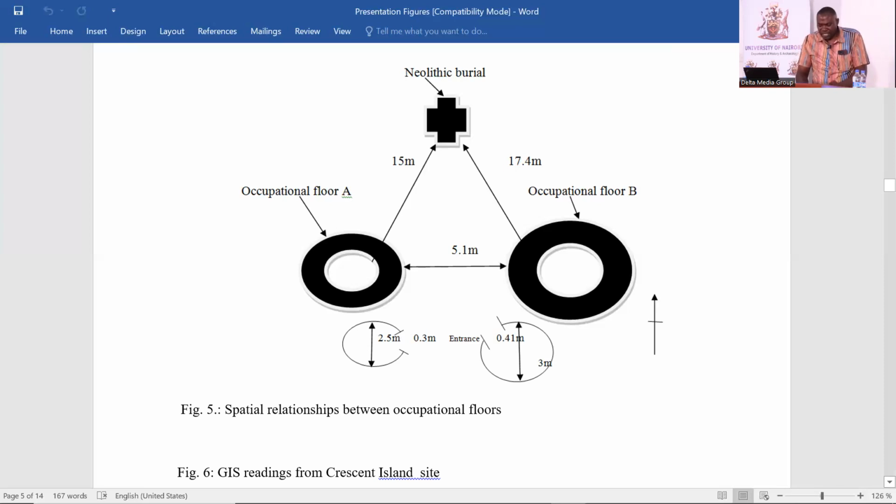So I want to say this, that occupational floor A that we are seeing there is smaller than occupational floor B. Its diameter is approximately 2.5 meters, while the bigger one measures about 3 meters. Both have entrances.